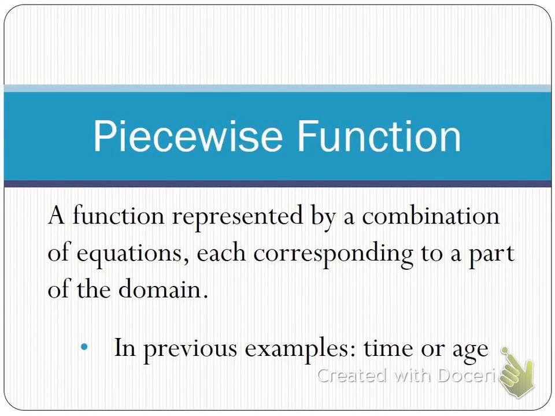Age was on the x-axis, and we broke that x-axis up into different groups, age groups. And based on the age group, the price of admission was different, so the graph looked a little bit different. So we're breaking up the domain, and we're having each domain have a different equation that sort of creates the graph for that part. All right?